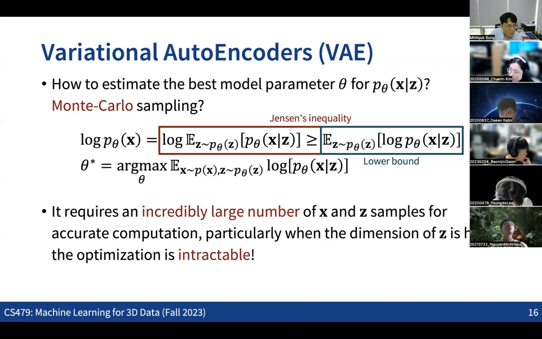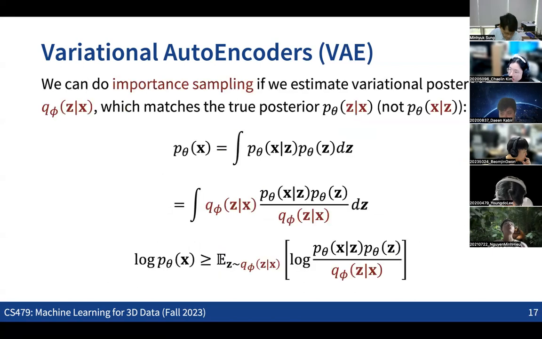So what people want to do here is some kind of importance sampling, in this Monte Carlo sampling idea.